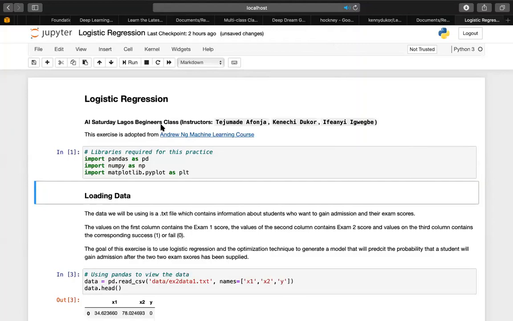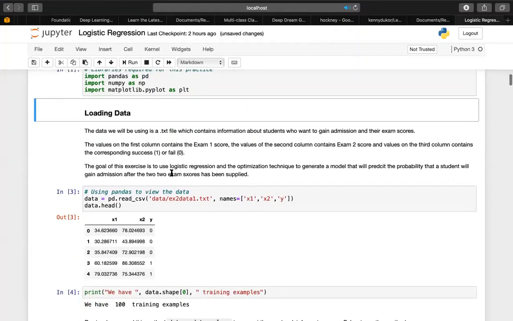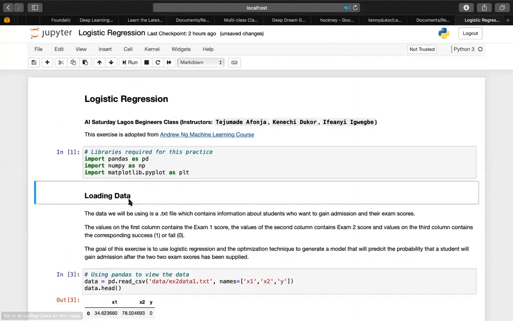Okay. So as usual, import the libraries we will be needing: pandas, numpy, and matplotlib. The data we will be using is a TXT file which contains information about students who want to gain admission, and their exam scores.